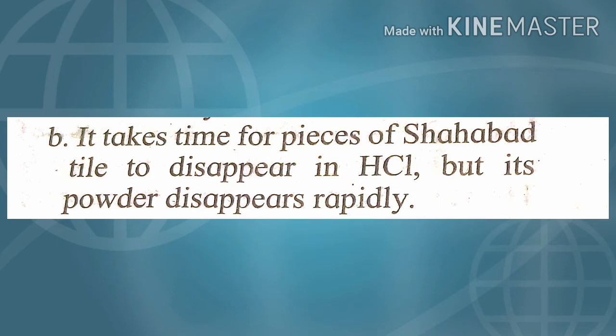Smaller the size of reactant, faster the rate of reaction. Effervescence of CO2 forms slowly and tiles disappear slowly in case of pieces. On the other hand, CO2 effervesces, forms faster, and the tiles disappear rapidly in case of powder.